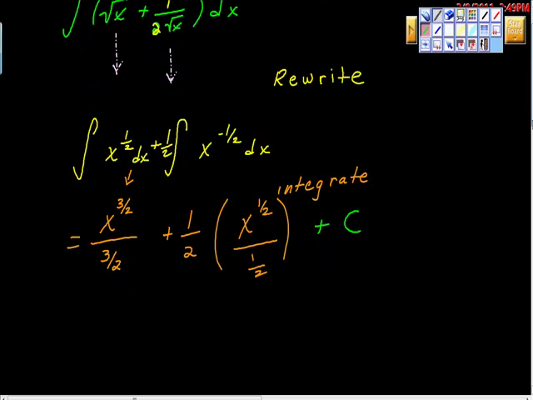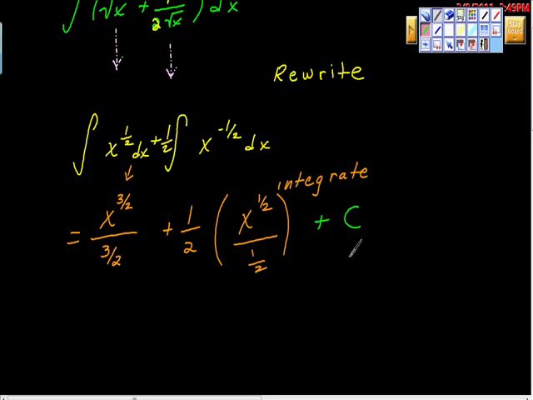Okay, so I integrated here. Now I need to simplify. Remember that this is a complex fraction, so this 3/2 comes up as 2/3, x to the 3/2. So this 2 is this 2, this 3 is this 3, right? And this comes up as 2, doesn't it? So 2 times 1/2 is just 1, isn't it?